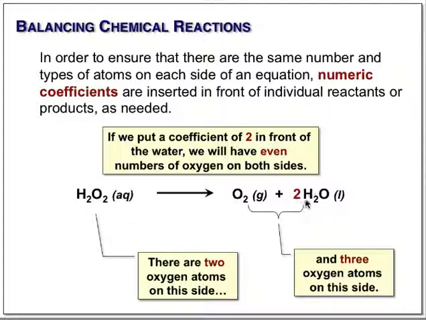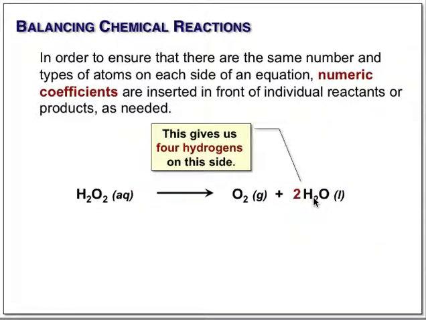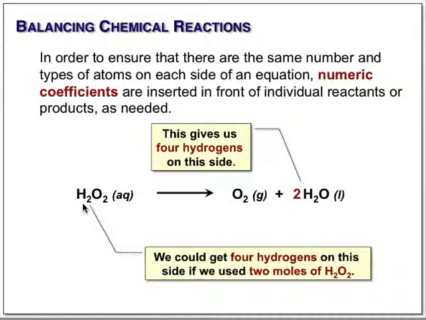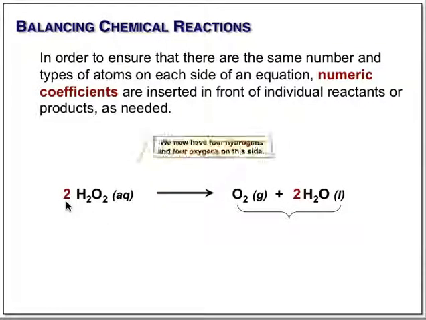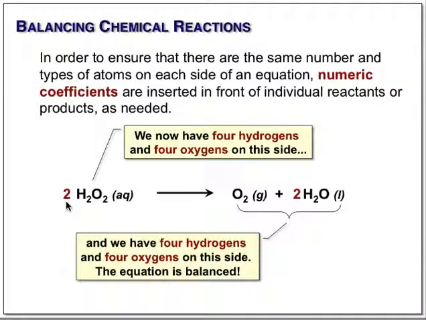We've also introduced 4 hydrogens here. We only have 2 hydrogens on this side, but we could fix that by putting in the coefficient 2. We now have 4 hydrogens, 4 oxygens on this side, 4 oxygens, 4 hydrogens on this side, and our equation is balanced.